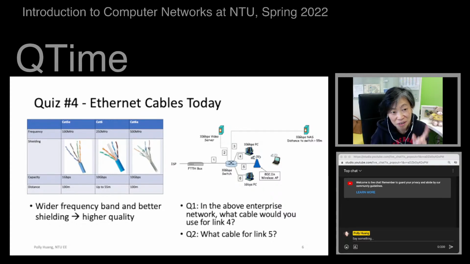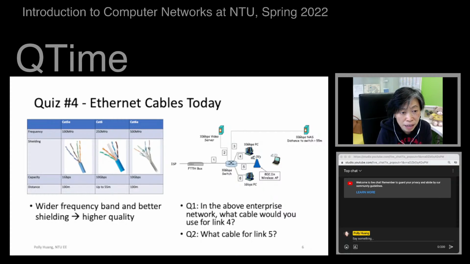Please answer the questions that I have on the stream instead of the slide I actually uploaded here on Slack. I'll be updating that real quick. So here, given your knowledge, looking at the table on the left, consider this home network. You have FTTH access to the internet, but inside the household, you have a really high-speed switch there, 10 gigabits per second.